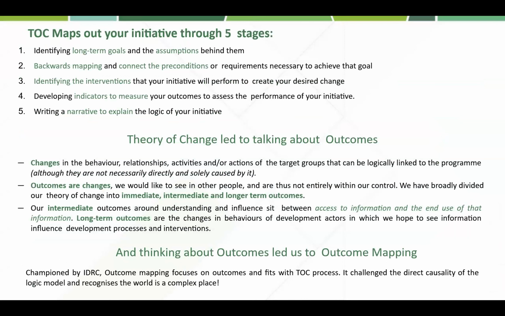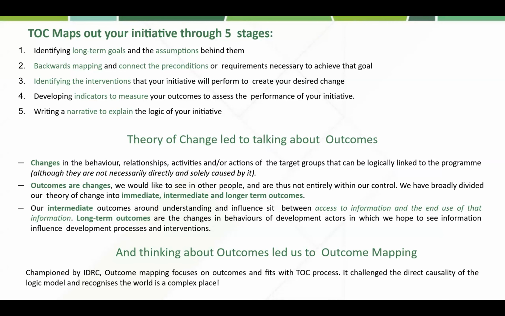As I mentioned previously, going backward after finalizing your goal or impact level indicators, if you take a look at these 5 stages, you will realize the first 3 are the backward ones. First you identify the long-term goal with the assumption. The second is backward mapping, connecting the preconditions for how you will actually achieve your goal.